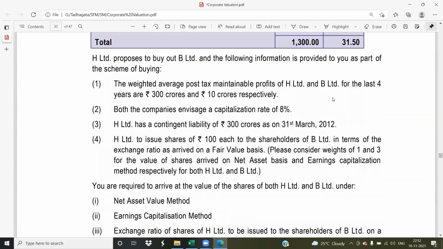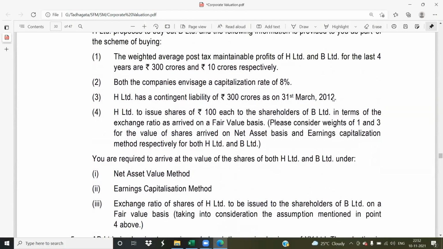Okay. Now, H Limited proposes to buy B Limited, and the following information is given with regard to the scheme of buying. Okay. Let's go through each one by one.